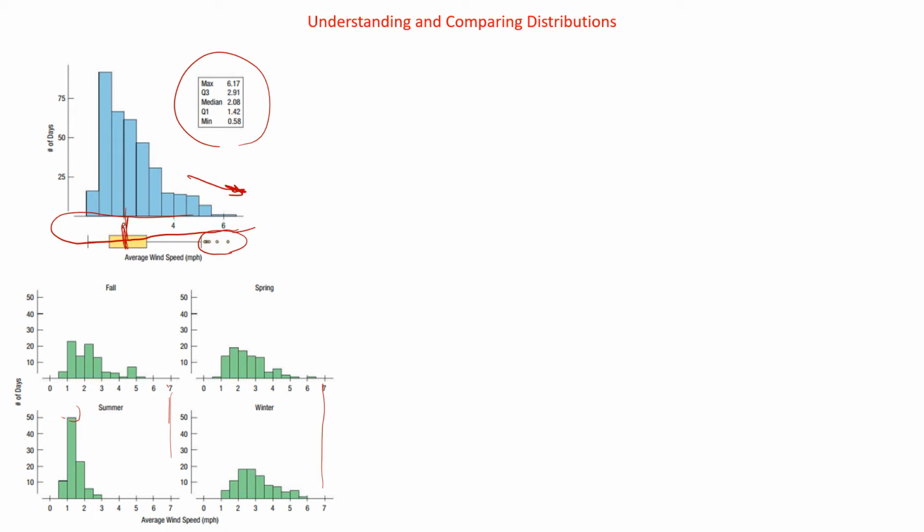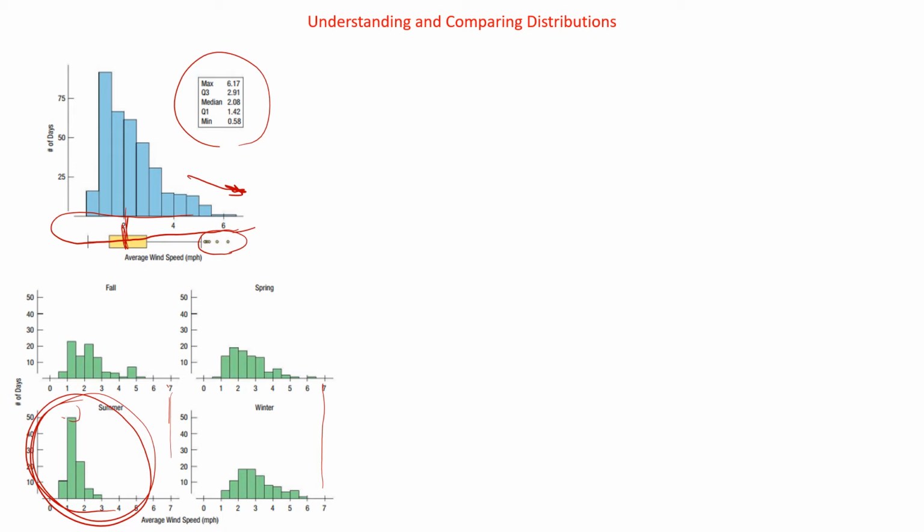And so when we're looking at these, we can see that 3 of the 4 are kind of like the overall. A little bit less skewed, but they're kind of the overall. However, the summer one, the variability is way down. We had way less variability in the summer.